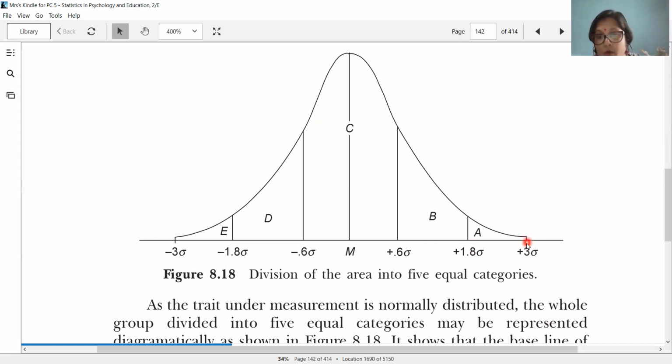We need to subtract this percentage of cases from this. Then we will get this portion.